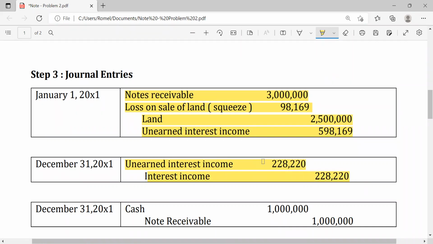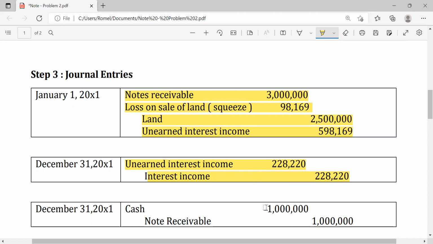Kasi na-earn mo na siya. The interest has been earned already on December 31, 20X1, and because of that, we will be crediting interest income 228,220. Kasi na-earn mo na siya eh. Kaya magre-recognize tayo ng interest income.